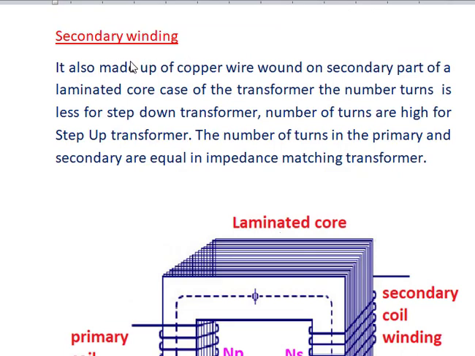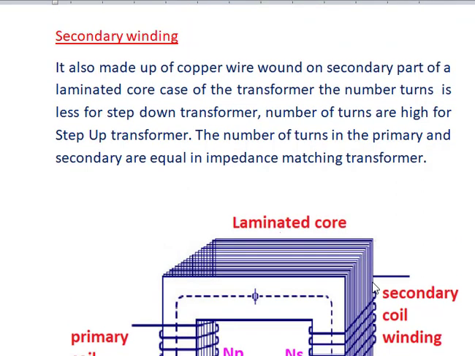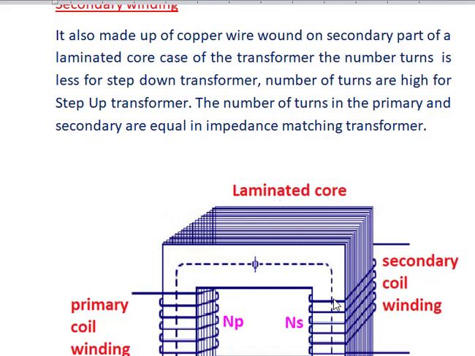In the case of the secondary winding, the secondary winding is also made up of a copper wire wound on the secondary part of the laminated core. The number of turns is less for a step down transformer. The secondary coil winding turns will be less in the case of a step down transformer.